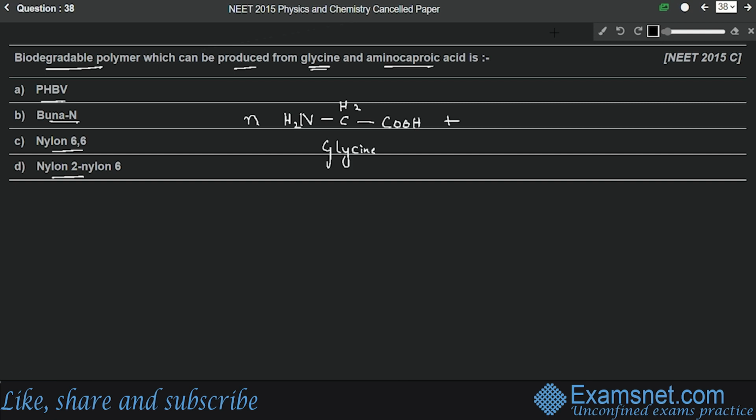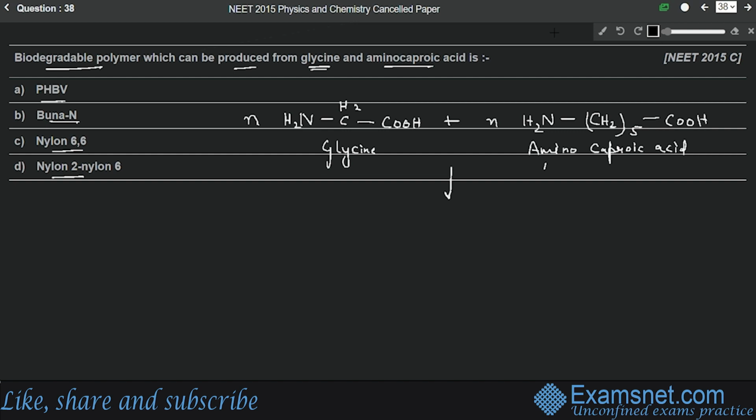It reacts with n molecules of NH2 CH2 COOH. This is aminocaproic acid.